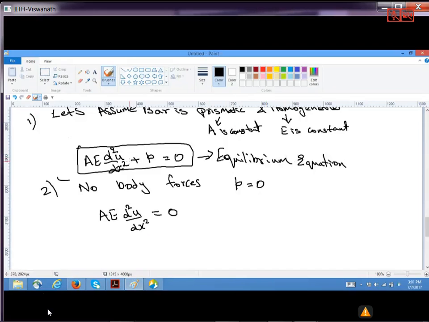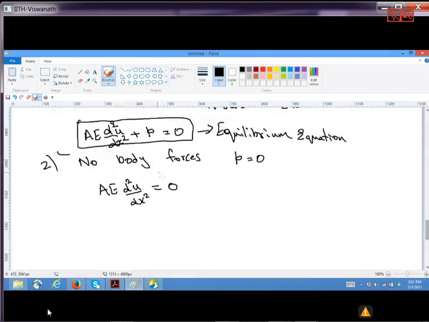Now, this is what I have promised, that I want to go back to the previous section on stresses and strain. Before I complete it, let me give another perspective on how to write this expression.